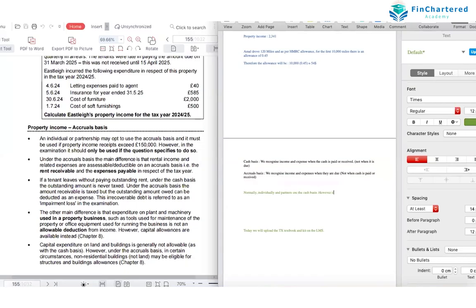However, if your property income exceeds 150,000 pounds, you have to move to the accruals basis. And obviously, in the exam, you will use the accruals basis only when you are told.